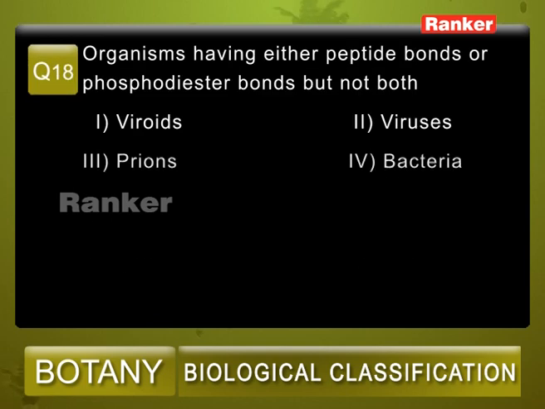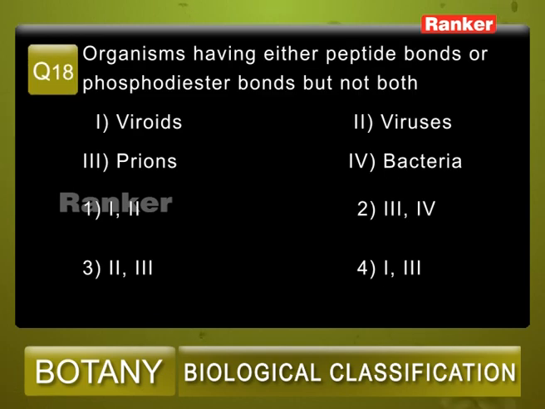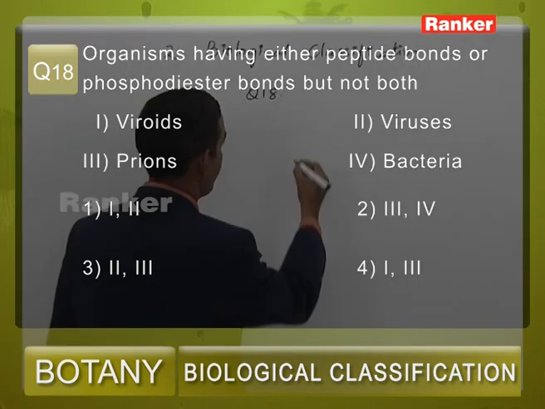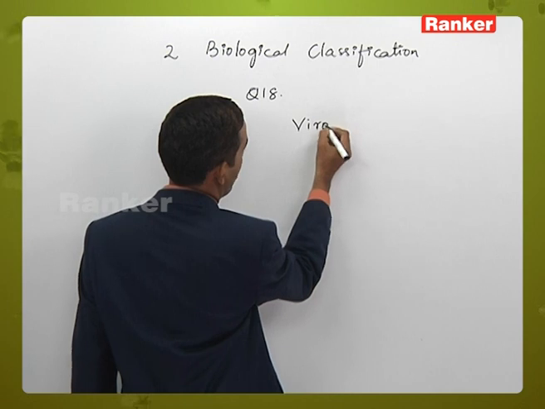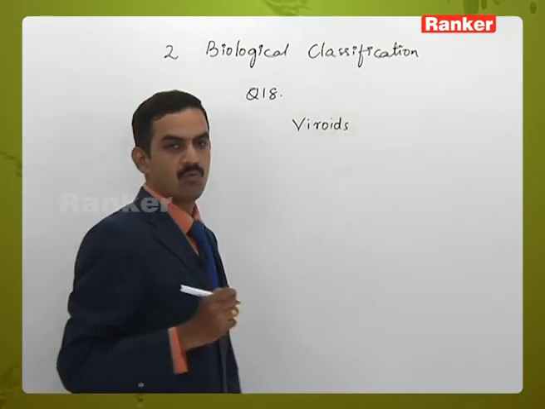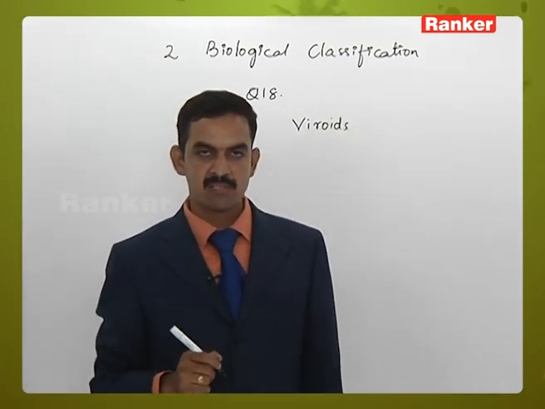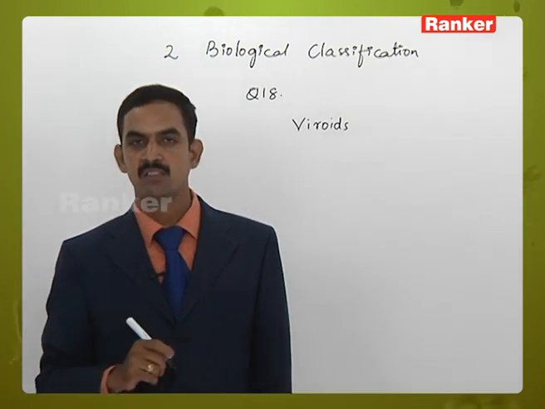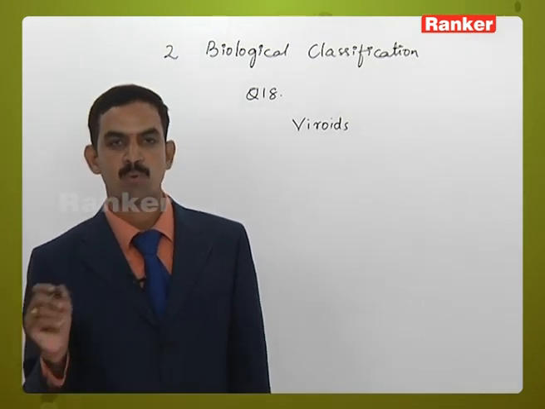Question number 18, organisms having either peptide bonds or phosphodiester bonds but not both. Options: 1. viroids, 2. viruses, 3. prions, 4. bacteria. Let's come to the first one, viroids. Viroids are the viral particles which contain only nucleic acid but no proteins.